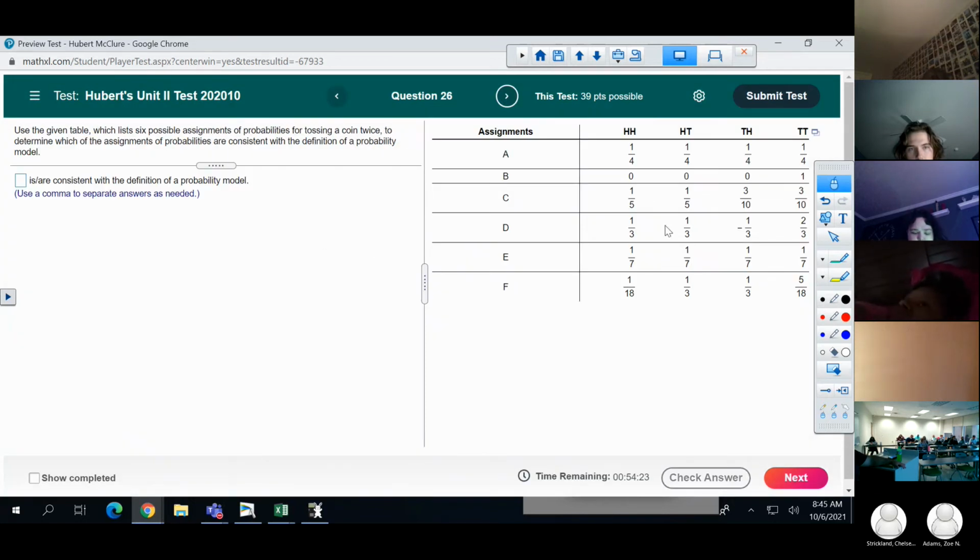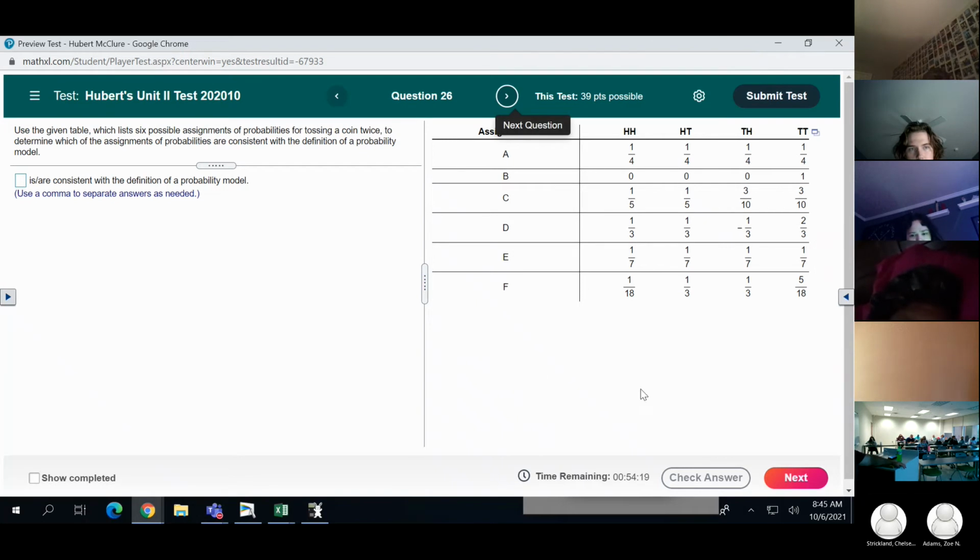I'll try to hurry up before y'all start convulsing. Now there's one that sticks out, and everybody should get it right. Which one is not a probability model? D, because it has a negative, but there's one other one. Oh, this one's even easier to see. E, because it should equal what? 7/7. This one equals what? 4/7.